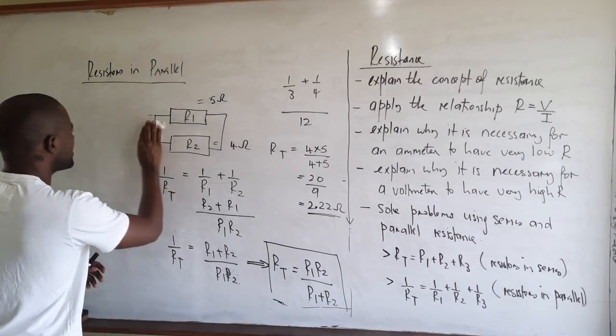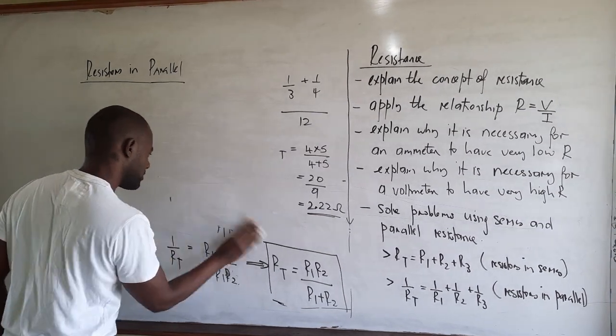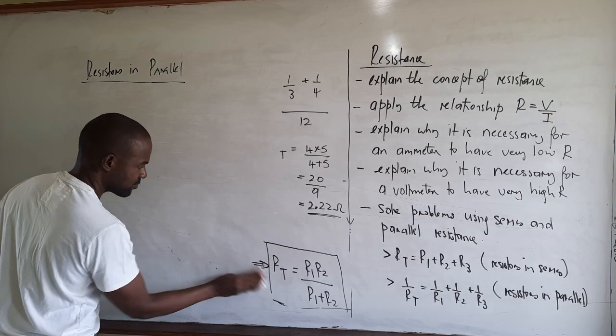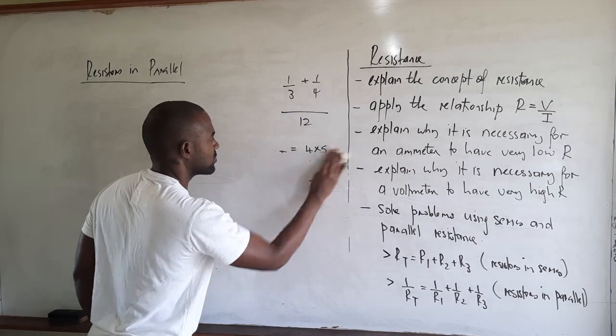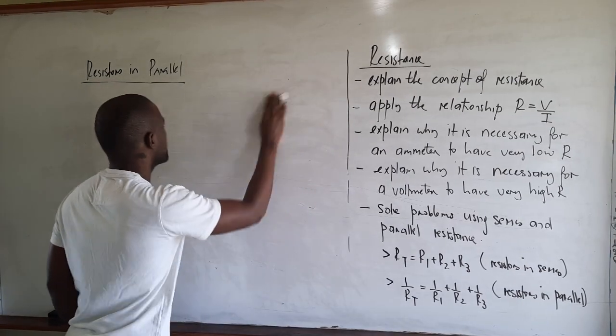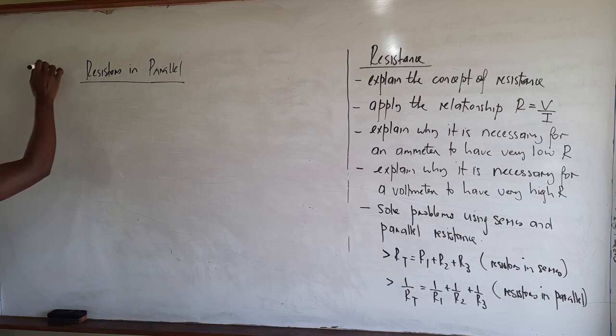Now, what about the case of identical resistors connected in parallel? Suppose we have identical resistors in parallel.